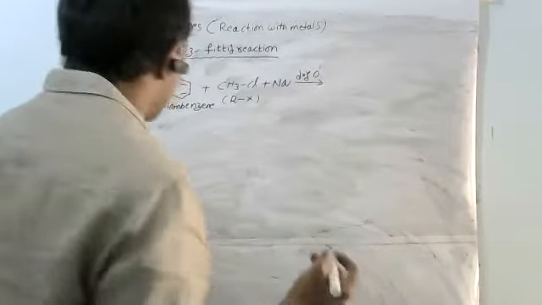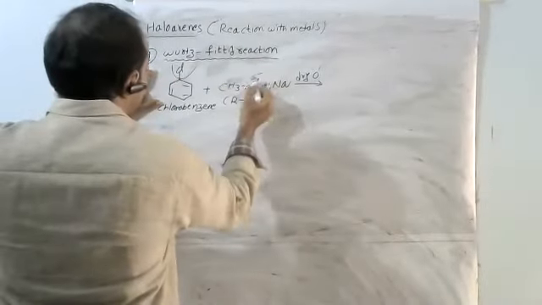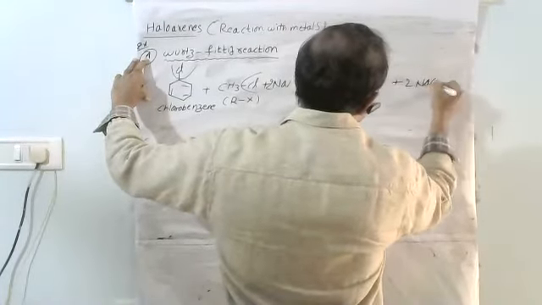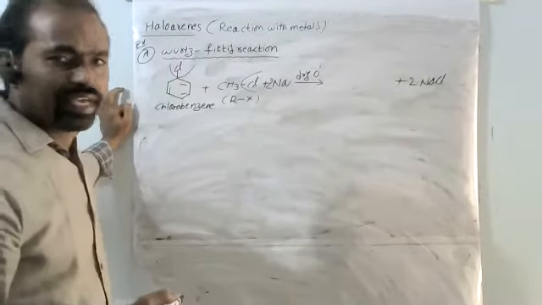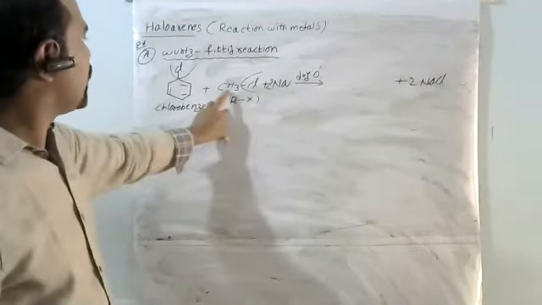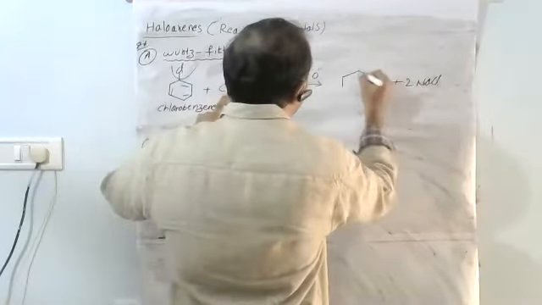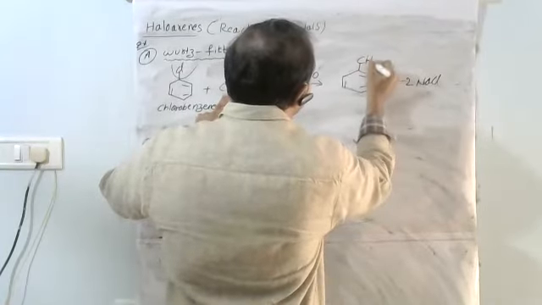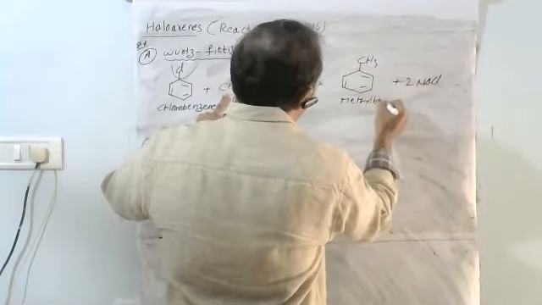Now in such a case, Na combines with Cl. Here 2 moles are required, and we get 2 moles of NaCl. Further, the methyl group is bonded on the ring. We get alkylbenzene, that is nothing but methylbenzene or toluene.